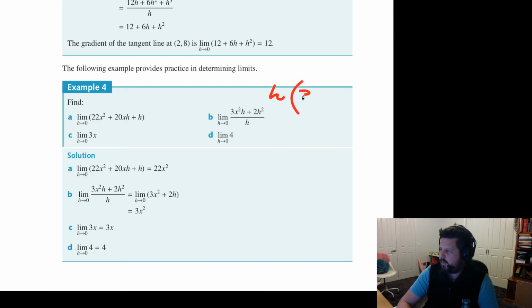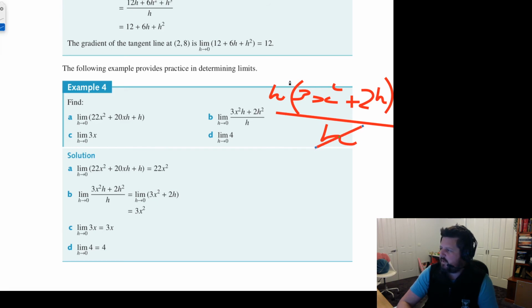you'll be left with 3x squared, plus 2h. On the top line, when those cancel out, we've got 2h over h.